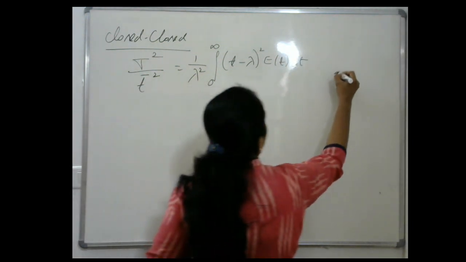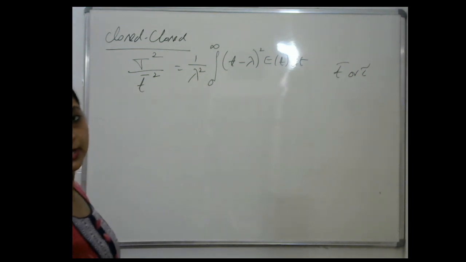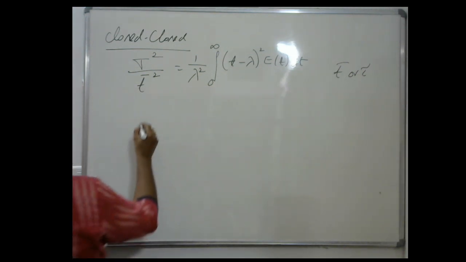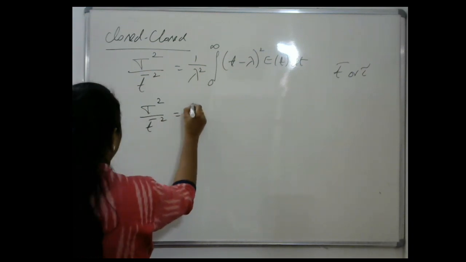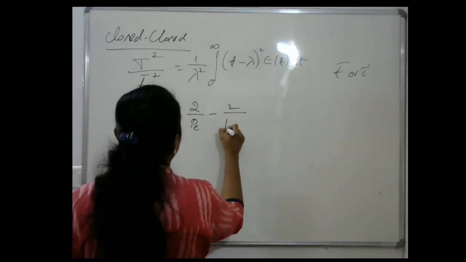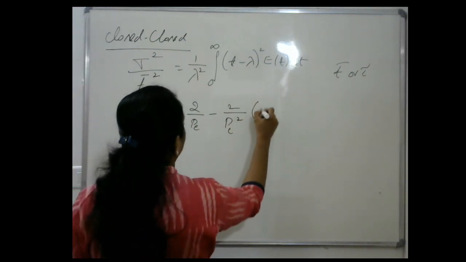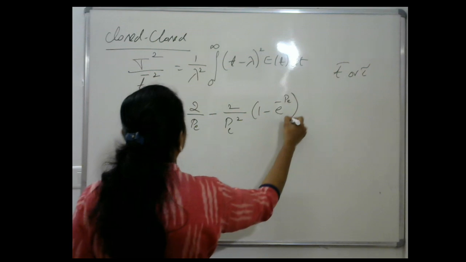See, T bar or tau are the same unless it is a constant density system. Or this will be sigma square by T bar square is equal to 2 by Pe minus 2 by Pe square into 1 minus e to the power of minus Pe. Just remember this equation, it is sufficient.